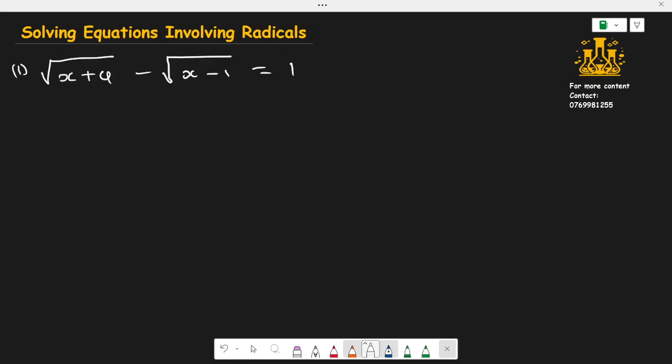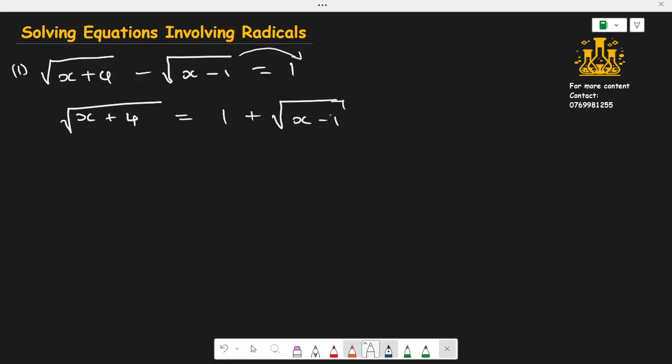The best thing you need to do is to get rid of the square roots. To do that, I'm going to move this one to this side because I think it's going to be easier for me if I do that. So this side we're going to remain with this part, and here we're going to have 1 plus the square root of x minus 1.